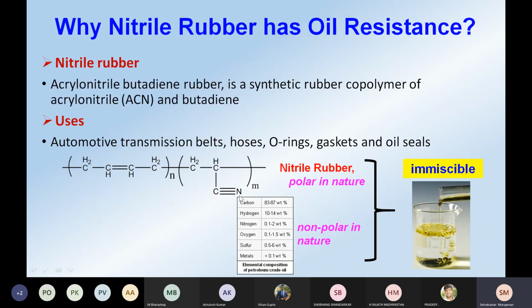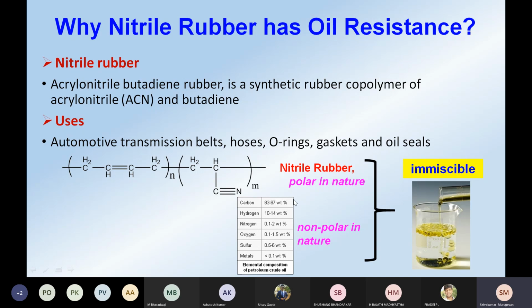So now this is one of the concepts, a real-time application, where you can exactly see the structure-property relationship. Okay. So you have seen the rubbers, nitrile rubber, acrylonitrile butadiene rubber, which is widely used for oil seal applications. Okay, why is it so? Because if you see the structure, nitrile rubber has cyanide groups, which are highly polar.